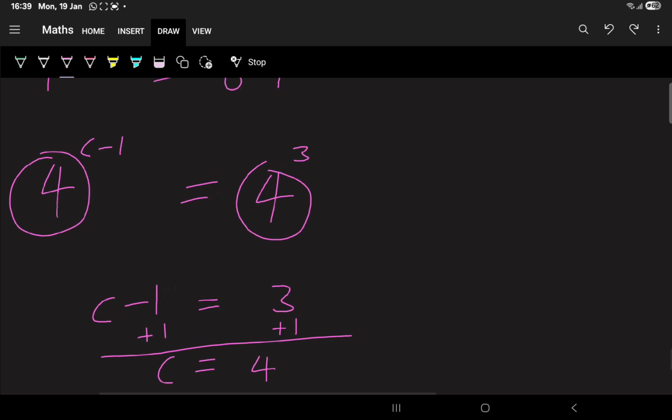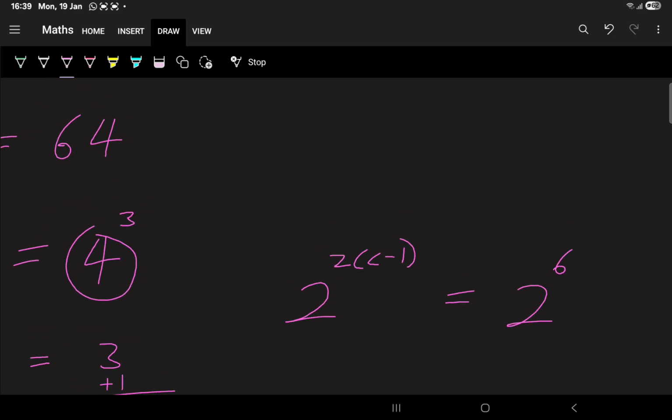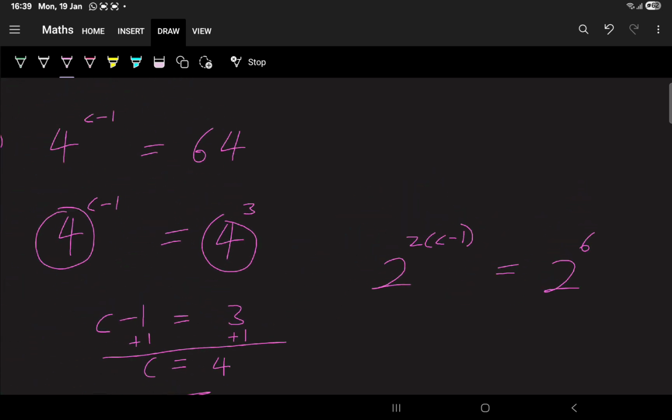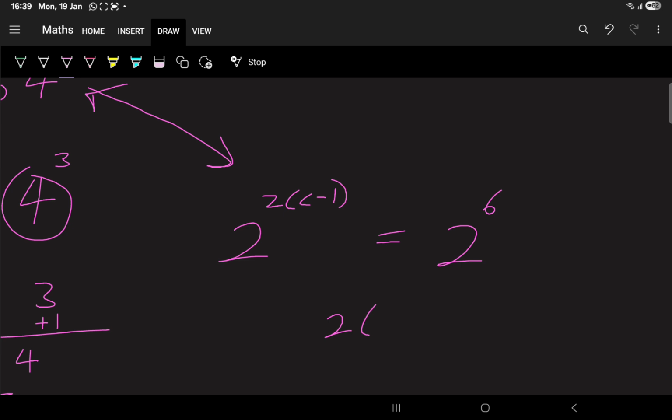Again, if you want to, you could have expressed it in the lowest base, which is 2 to the power of 2 open bracket c minus 1 close bracket equals 2 to the power of 6, because 2 to the power of 6 is 64. Now, again, equating the bases, 2 open bracket c minus 1 close bracket equals 6.